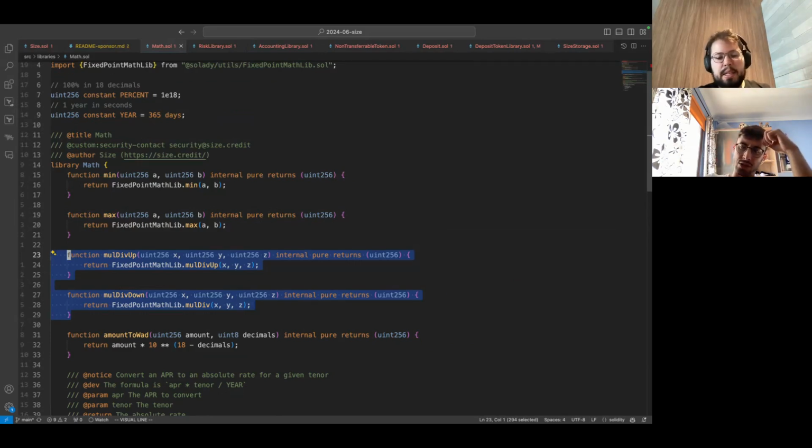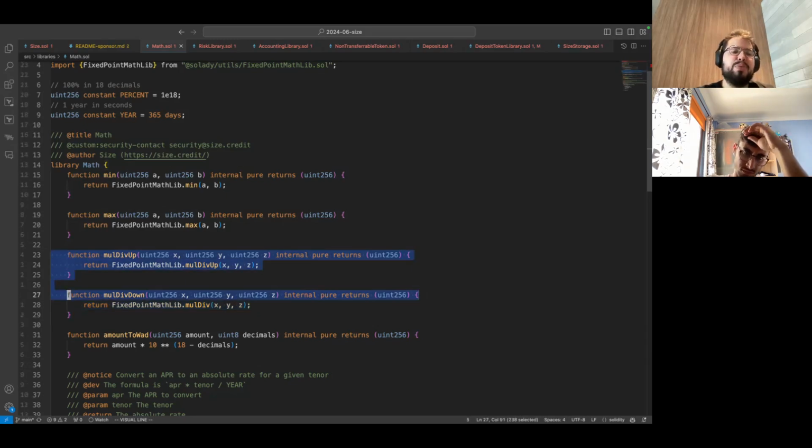Yeah, that's a good point, actually. I don't know why Vectorized, maybe it would be a discussion worth having, why it's not called mulDivDown. That's interesting. Yeah, I don't know either. I think probably because this is the default behavior of division.